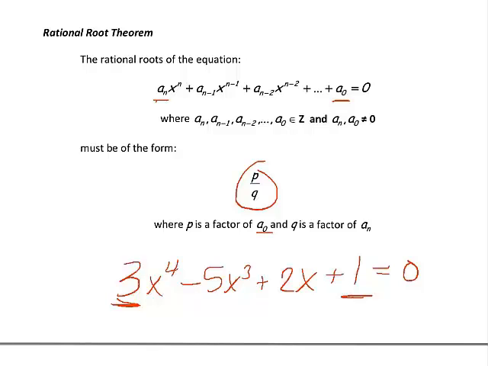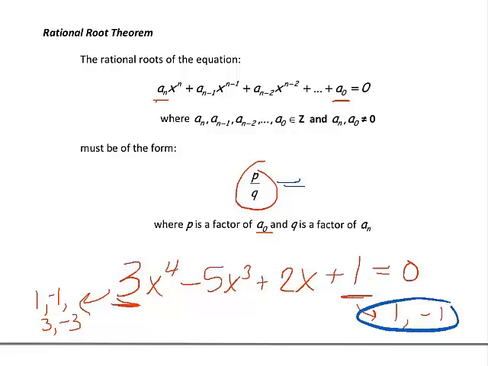Okay, well, what are the factors of this constant? 1 and negative 1. Okay, what are the factors of 3? 1, negative 1, 3, and negative 3. So what are the possible combinations for this fraction p over q? P are the factors over here. So we could have positive 1 over positive 1.